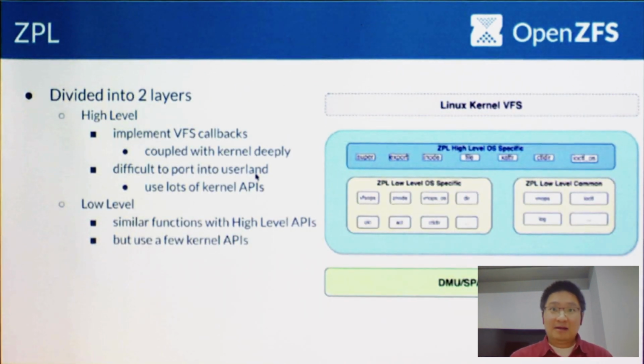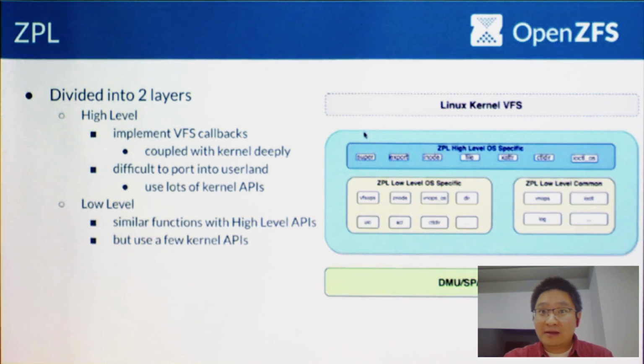So let's take a deep look at ZPL. ZPL means ZFS POSIX Layer. It involves many POSIX-defined concepts such as file, inode, dentry, and that kind of thing. But in this story, we can also classify the ZPL into two layers, the high-level layer and the low-level layer, as shown in this diagram.